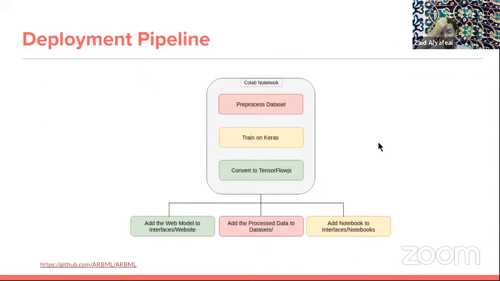We also support deployment. The basic idea is that we want to make the models easily accessible by different people, but we don't want to host the models on a certain website. The idea is that we use TensorFlow.js, which is a library that allows running models directly in the browser.